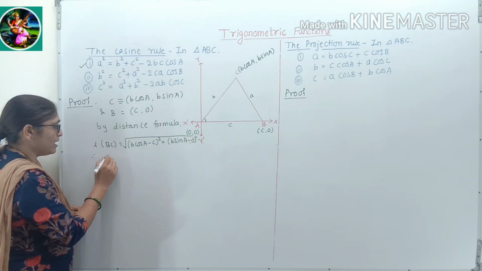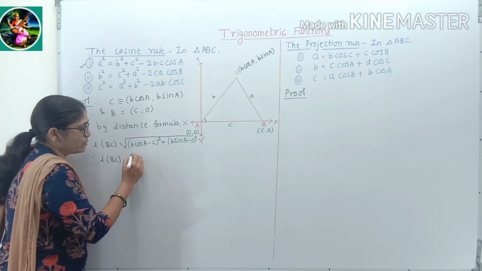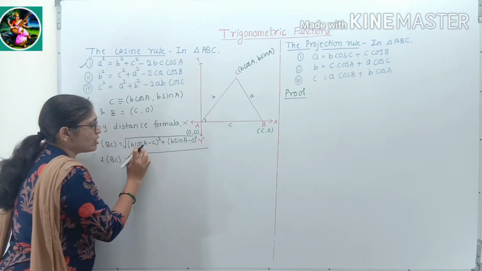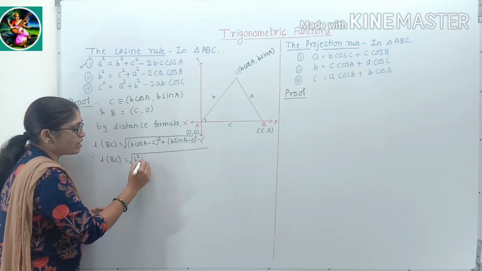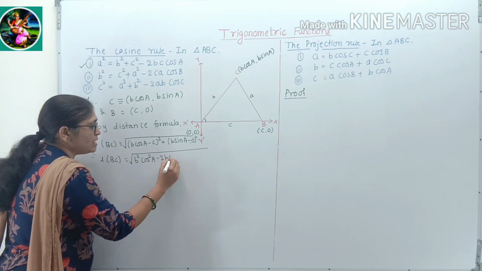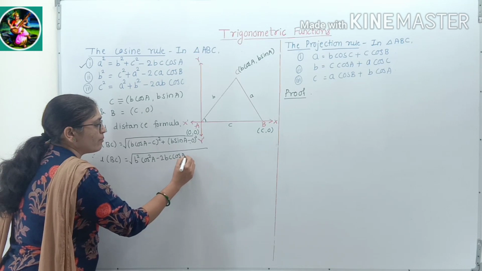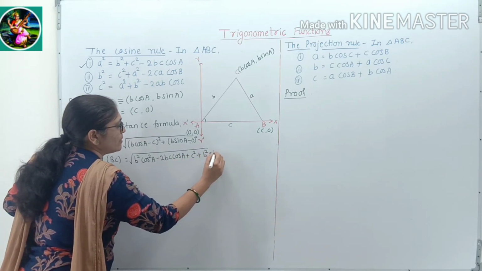Therefore the length of BC is equal to the square root of, we solve this square, b square cos square A minus 2bc cos A plus c square plus b square sin square A.